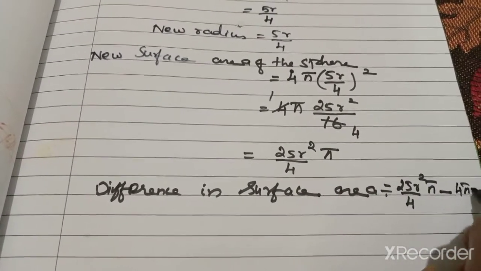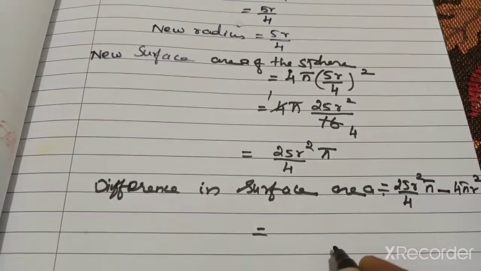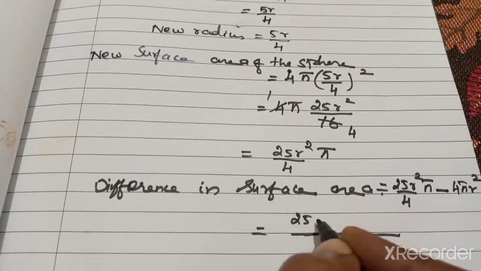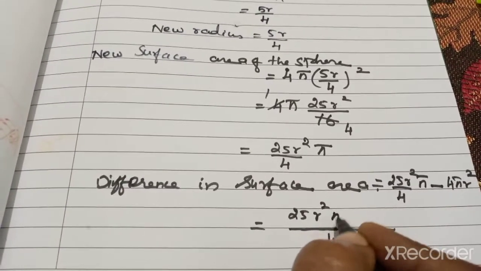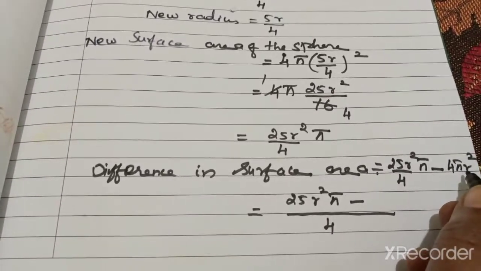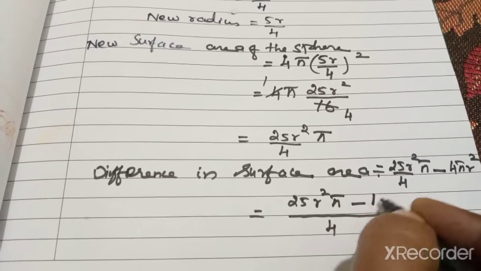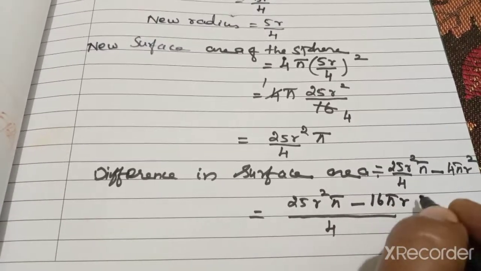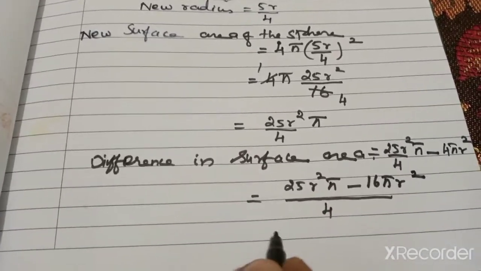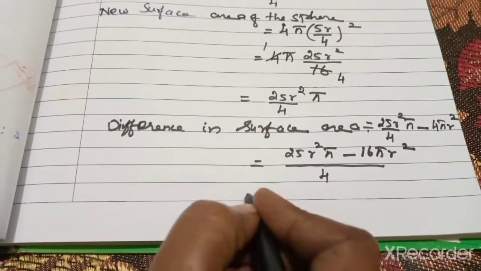Let's take the LCM. 4 is the LCM. So 25 r square into pi minus 4 into 4 pi r square, so it is 16 pi r square. Here pi r square can be taken common, both terms have pi r square common. Let's take it out.